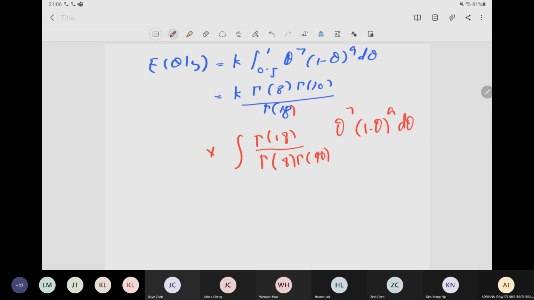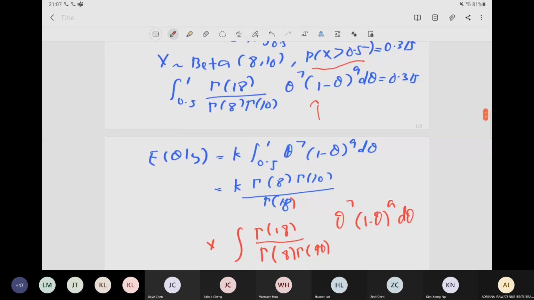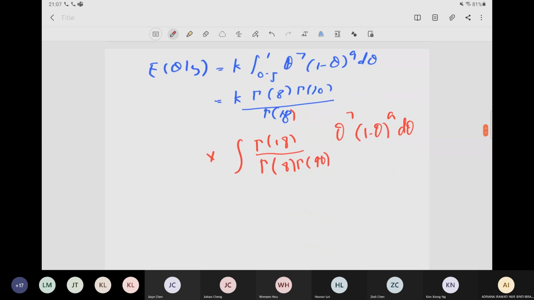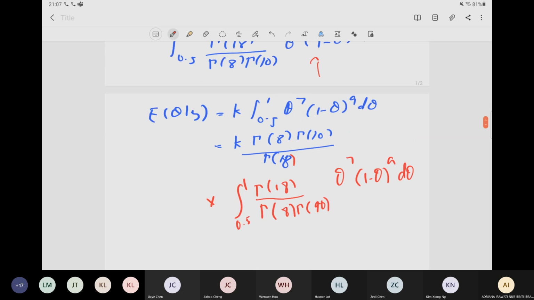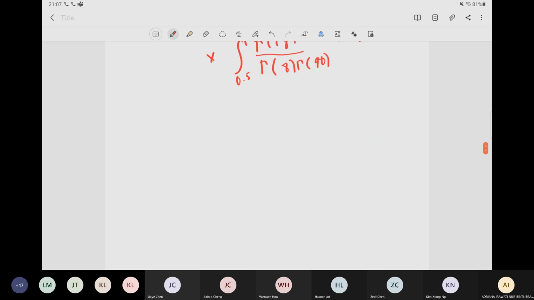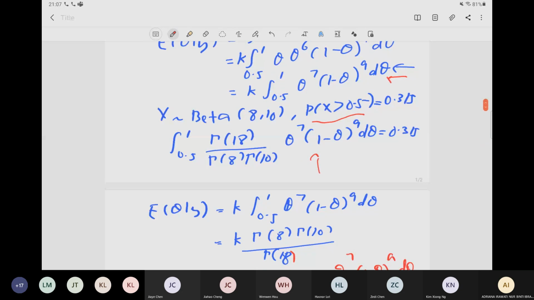I think I'm missing something. Oh, sorry, it doesn't integrate to 1, because this is from 0.5 to 1. So this is actually 0.315, because this is this probability.